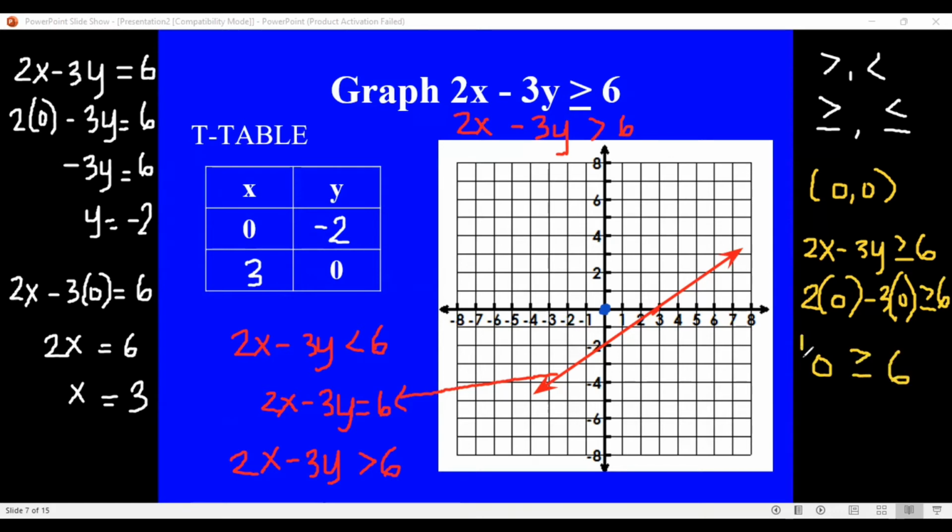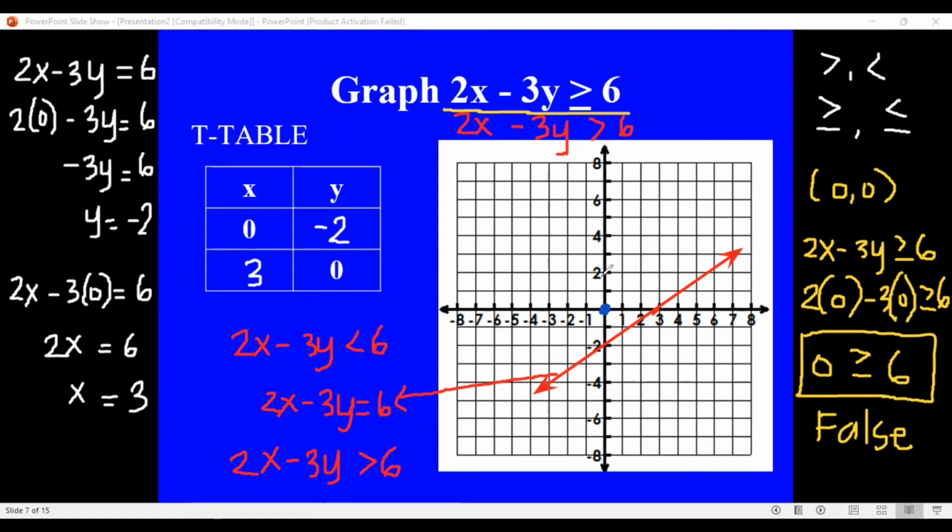Okay, so the next thing that we have to do is ask ourselves, is this statement true or false? So obviously, this is a false statement. Okay, this is a false statement, which simply means that this one is not a part of the solution for your 2x minus 3y is greater than or equal to 6.